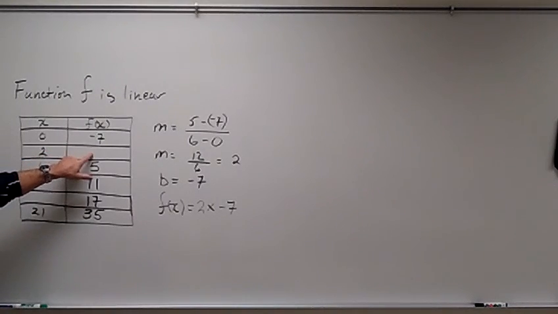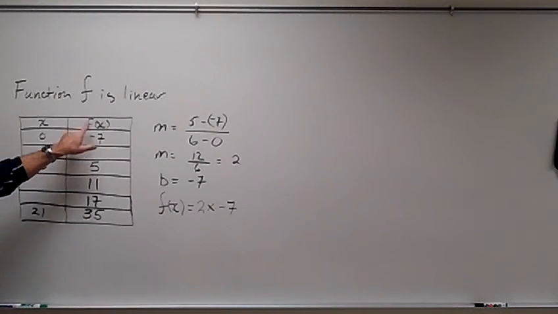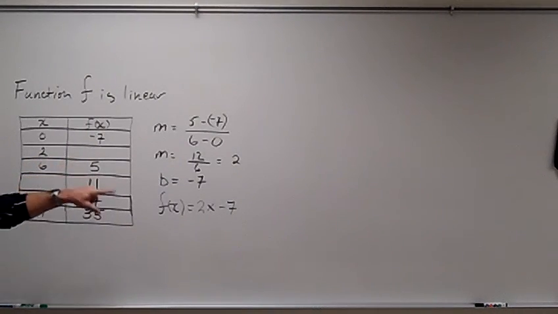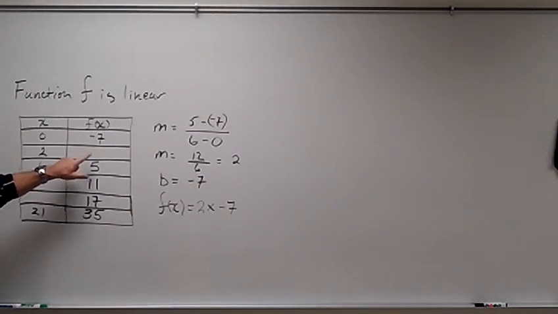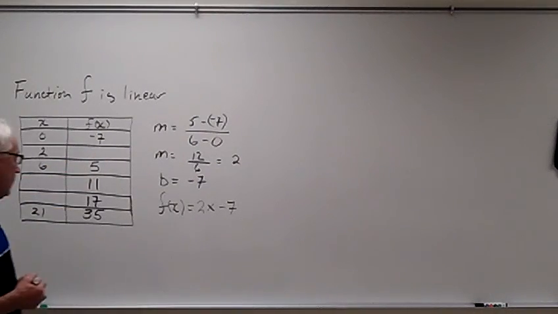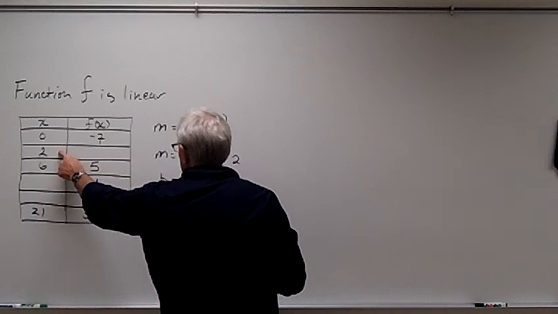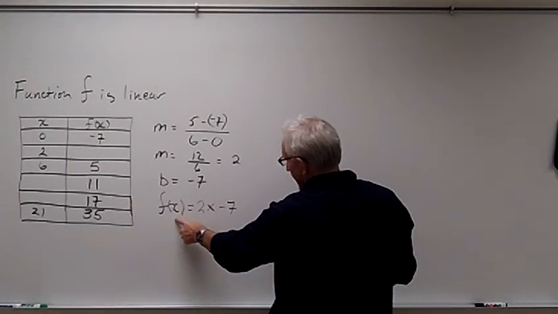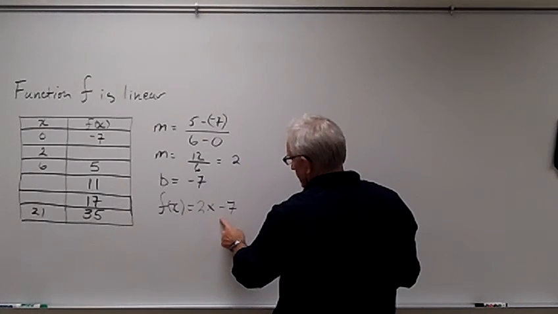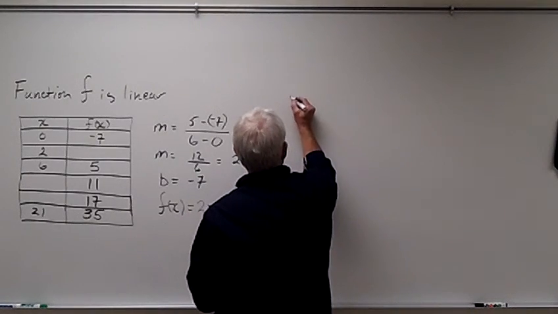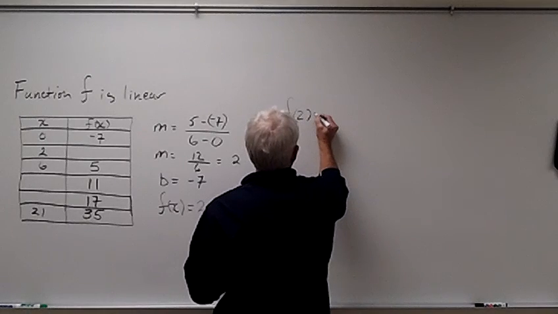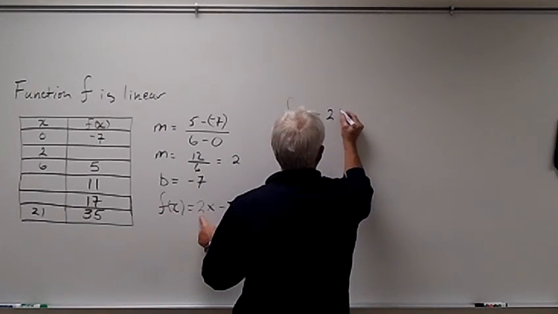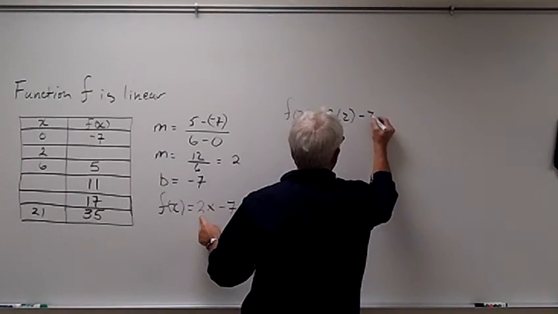First of all, I'd like to find the missing f of x that's associated with the value of 2 from our equation. To find the number that belongs in the table here, we're going to substitute this value of 2 everywhere we see x in our function. So f of 2 is equal to 2 times 2 minus 7.